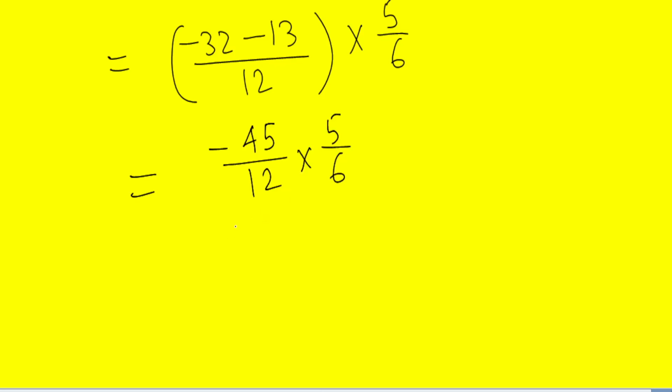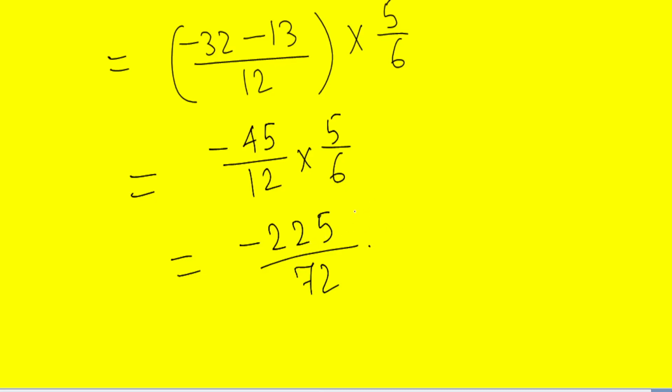Okay beta. Now moving forward, there is nothing to cut, so we will just directly multiply the numerator and the denominator. So minus 45 multiply 5 will be minus 225 upon 12 multiply 6 is 72. So its answer comes out to be minus 225 upon 72.